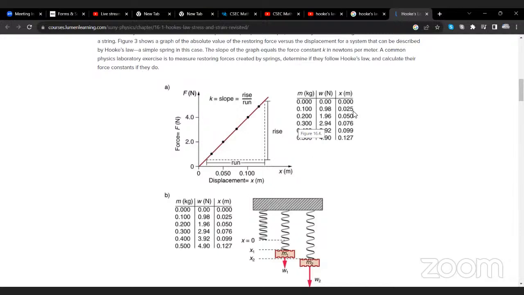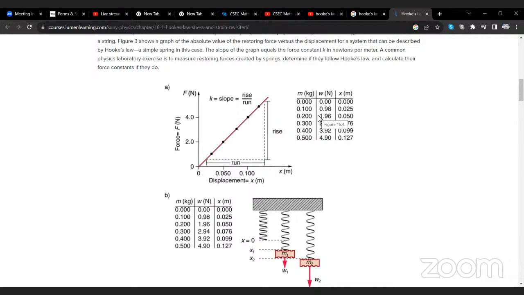And you notice a table where they recorded the actual information, so they had the mass and they keep adding the mass, and this is the force and this is the extension. So they recorded the raw data as they carried out the experiment.